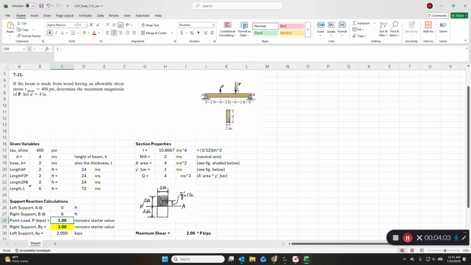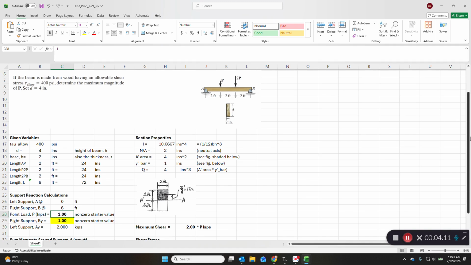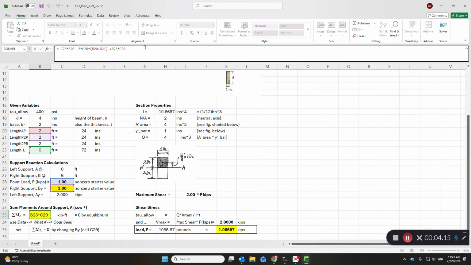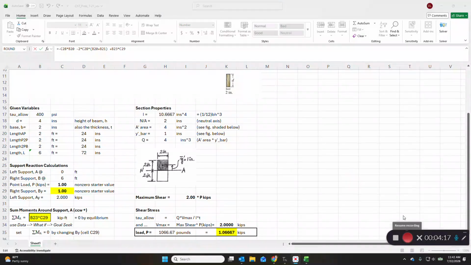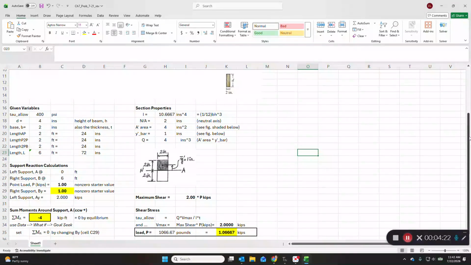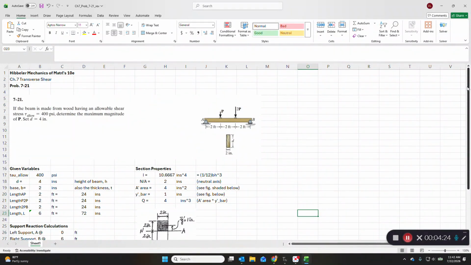And then we have 2 times 1 times 4 feet, so that's also a negative, so that's minus 4 in that case, right? So let's see if that makes sense. Right, so that gives us minus 8 for that particular moment. So we've got a minus 2 and then a minus 8, that's minus 10.